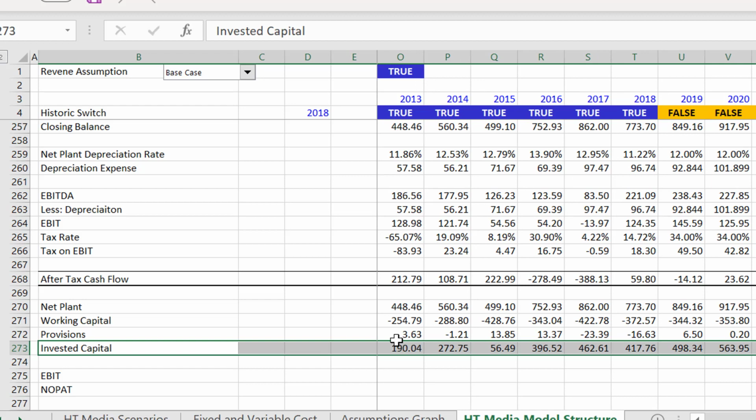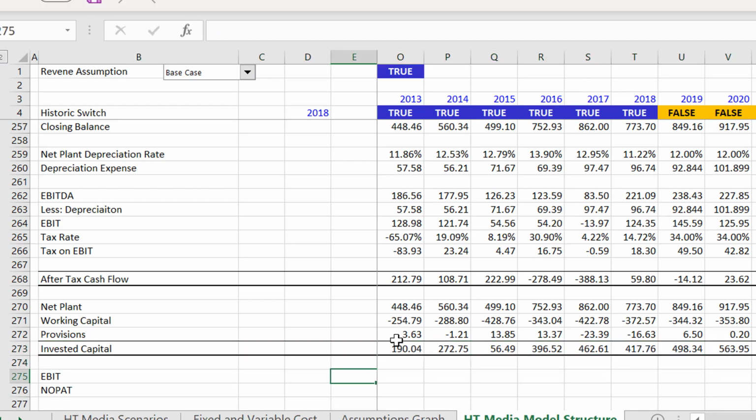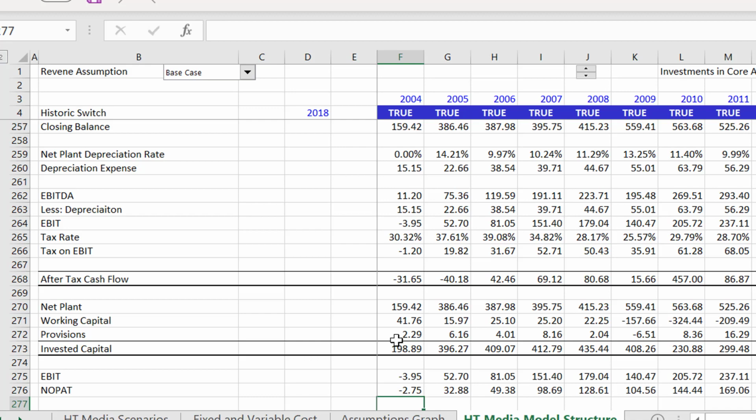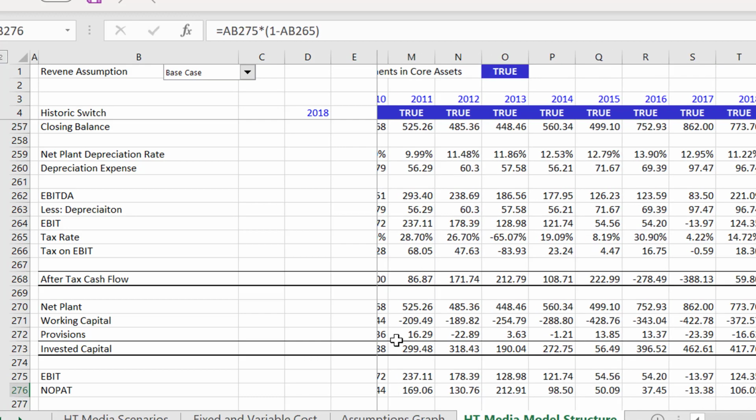And then we have invested capital, and we can get our EBIT that we already computed right up here, and take that EBIT multiplied by 1 minus the tax rate, and then we get our NOPAT, okay, and it's going down.